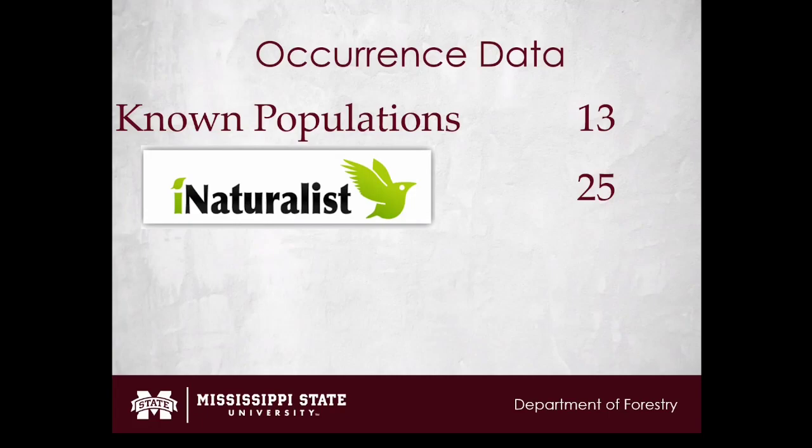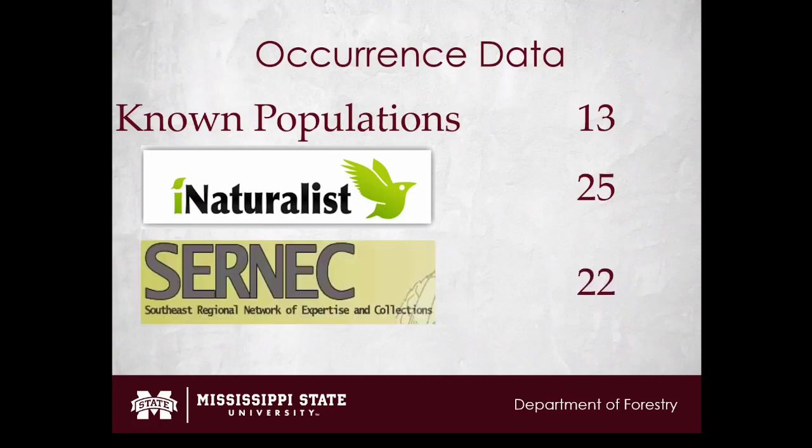So I got 25 occurrences from iNaturalist. Then I got 22 more occurrences from SERNEC. SERNEC is a collaboration of herbaria across the Southeast. That might be something new for some of y'all, what a herbarium is. Herbaria are super cool. Think of it like a collection or a library of dead plants.